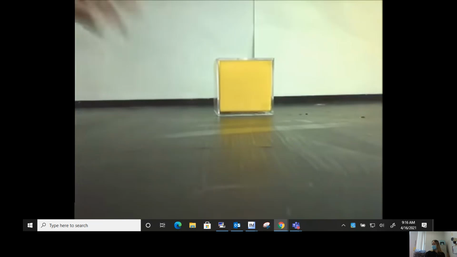Isn't that wild? So 3 square pyramids make up 1 square prism. Okay, now we've got a triangular pyramid and a triangular prism.